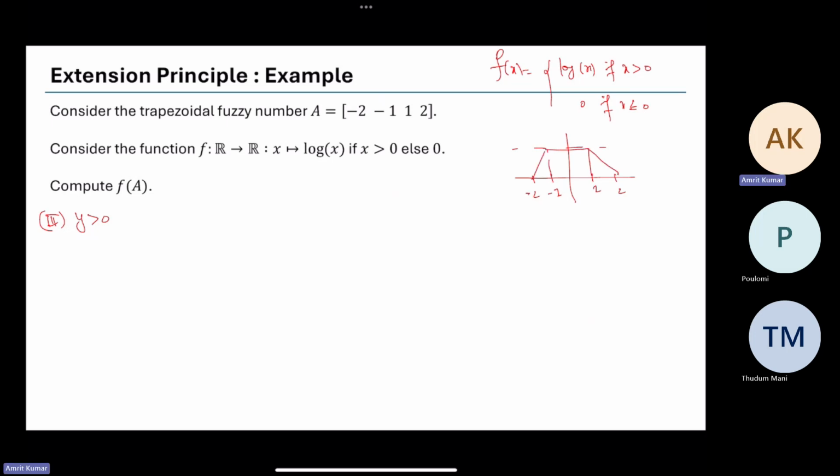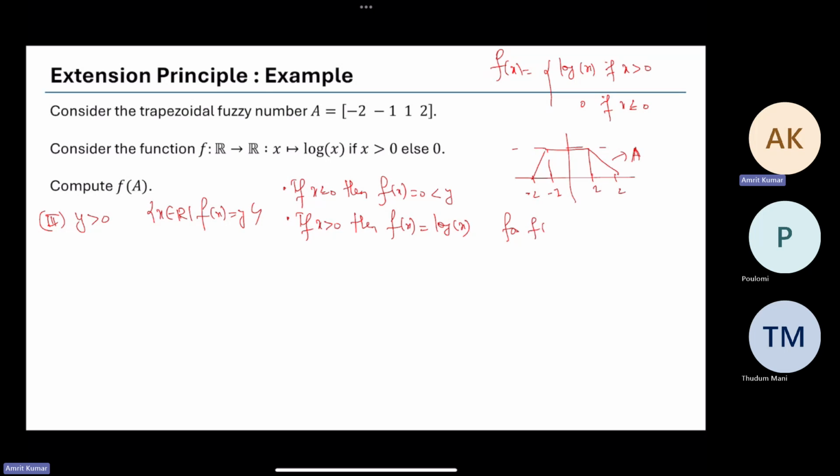This is our fuzzy set A. Now let us look at the set of x such that f of x is equal to y. If x is less than or equal to 0, then f of x is equal to 0, and that can never be equal to y because y is positive. So we are only interested in the case when x is greater than 0. Then f of x is equal to log of x.